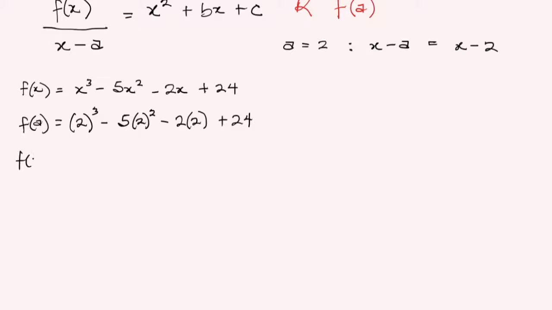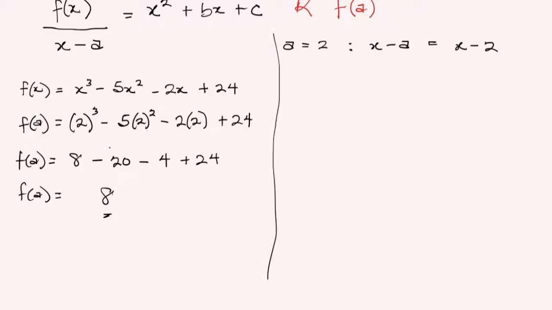So f of a is equal to, 2 cubed is equal to 8. 2 squared is equal to 4 multiplied by 5, that's 20. Minus 2 times 2 is equal to 4 plus 24. So f of a equals 8 minus 20 is minus 12. Minus 12 minus 4 is minus 16. Minus 16 plus 24 is equal to 8. So what we've seen here is that our remainder f of a is 8.